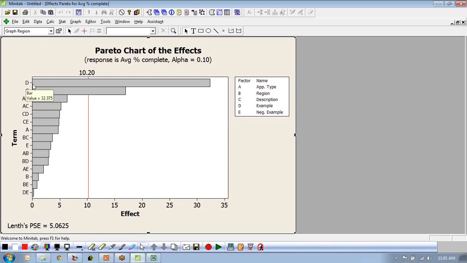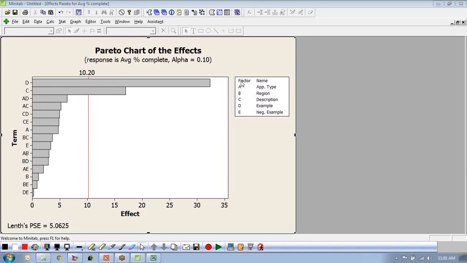All right, so what we can tell is that we've analyzed the data for a number of different things. This says essentially that those two guys are big hitters, and all the rest of the effects, including the interaction effects, are not. You see these AB, AC, AD, those are interactions.